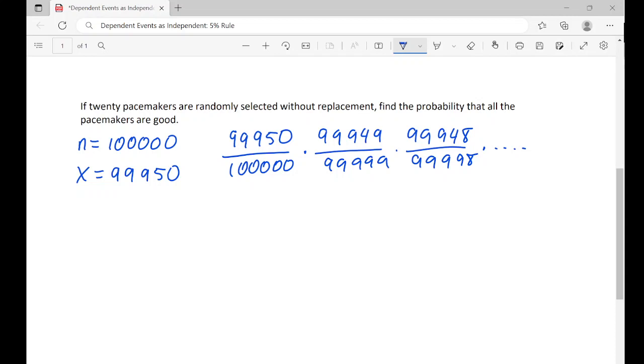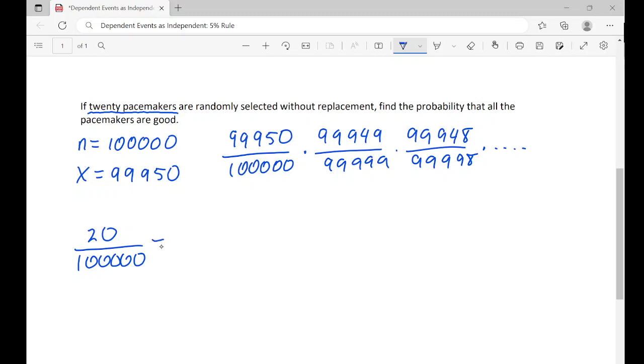the 5% guideline, which means we need our sample size to be less than 5% of the whole thing. So we're doing 20 pacemakers, so 20 over 100,000.